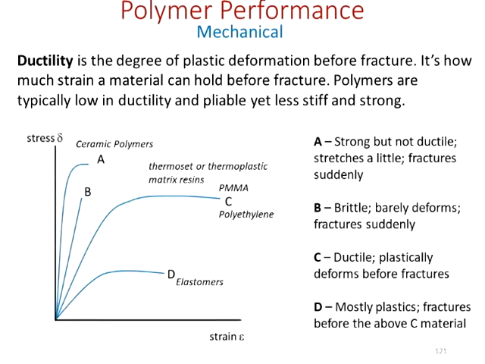So how far can we strain this polymer before it basically fractures, cracks, falls apart, breaks apart? Okay. Polymers are typically low in ductility and pliable, yet less stiff and strong. You get it? So polymers are typically low in ductility and pliable. Okay, they're low in ductility. Okay, and pliable, yet stiff and strong. Okay.